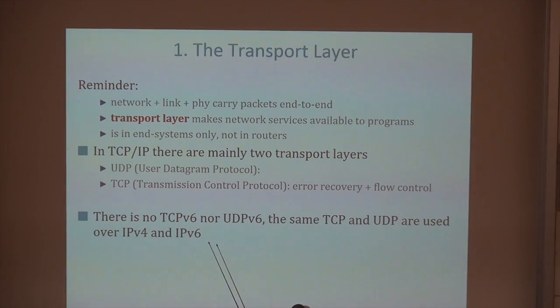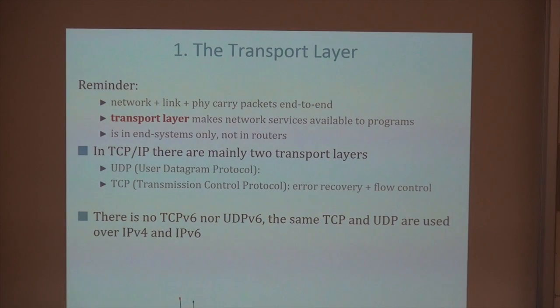There are two transport layers. Every 2 years, somebody tries to sneak in another one, but so far today, it's practically only two. All other high-level abstractions are built on top of UDP or TCP. There is no TCP V6, nor UDP V6, nor UDP V4 or TCP V4.